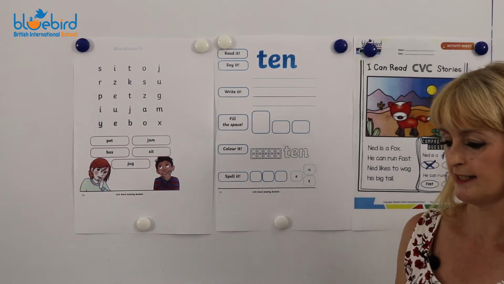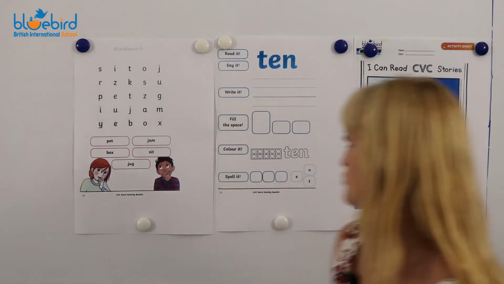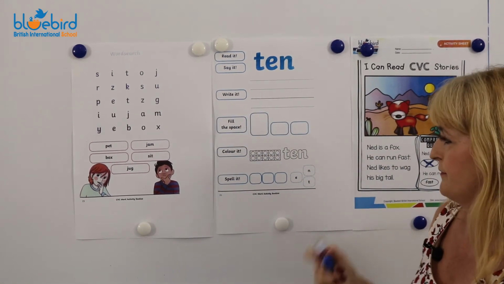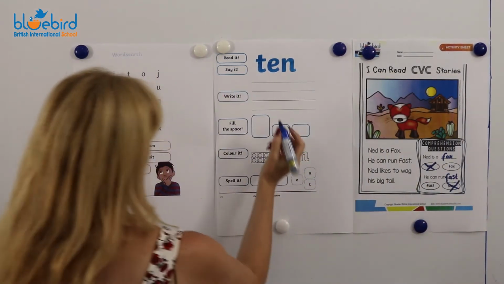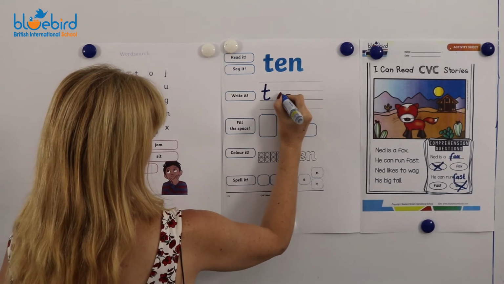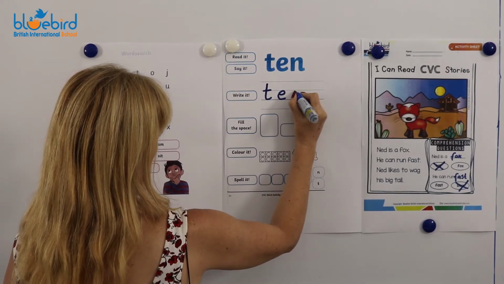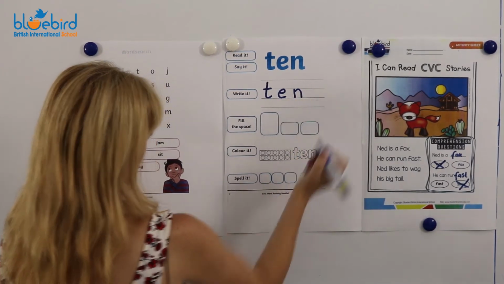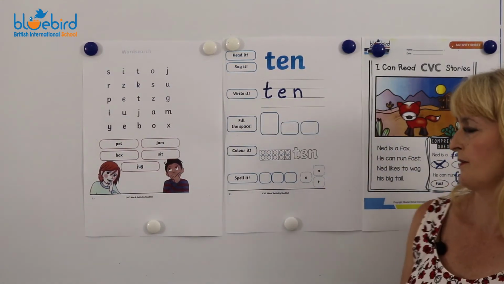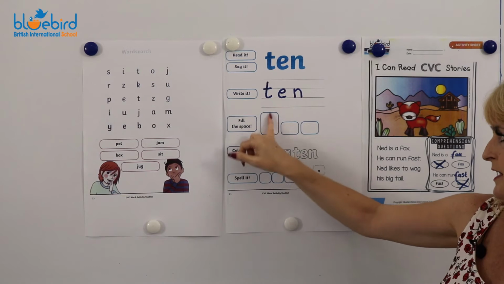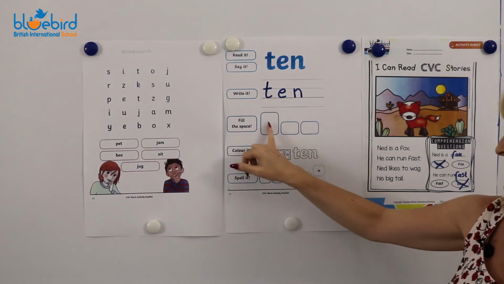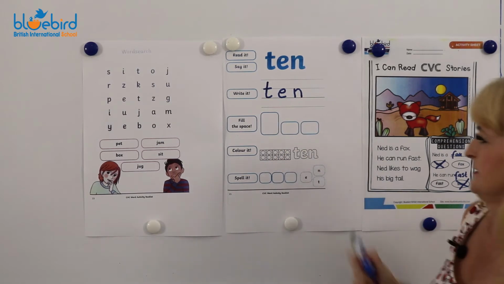Now we have to write it. And remember, we're going to try to write very carefully along the line. We're going to write very, very carefully. I'm just going to move this side so I can write it. 10. Okay, and again, we're going to fill the space, just like up here. 10.